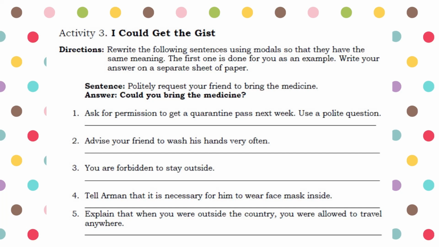You are forbidden to stay outside. Number 4. Tell Armand that it is necessary for him to wear face mask inside. Number 5. Explain that when you were outside the country, you were allowed to travel anywhere.